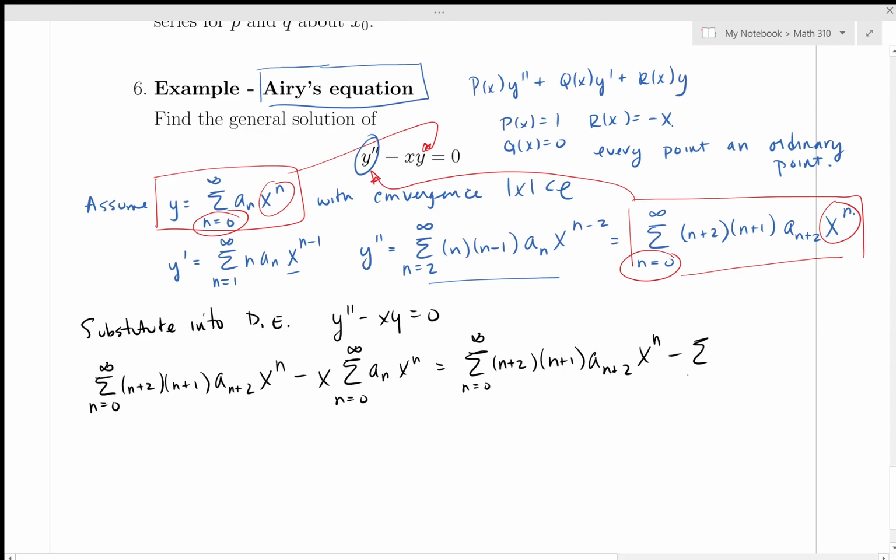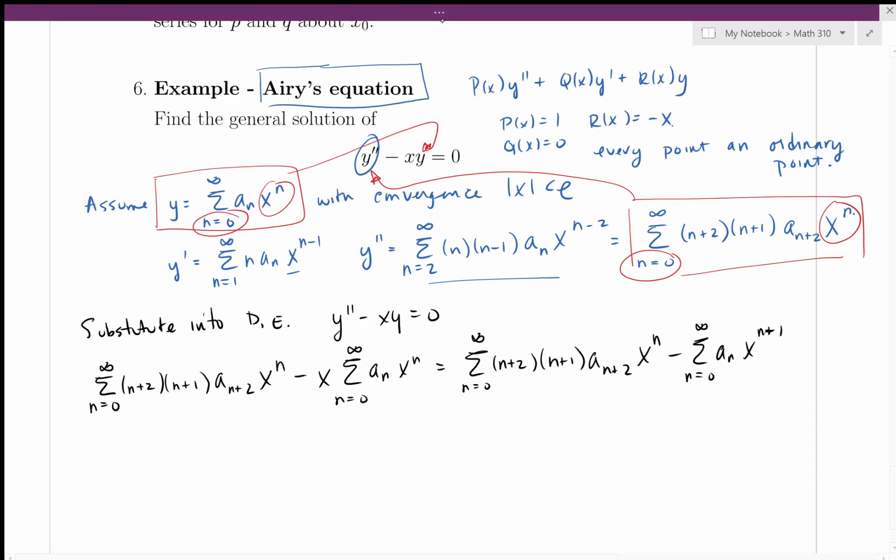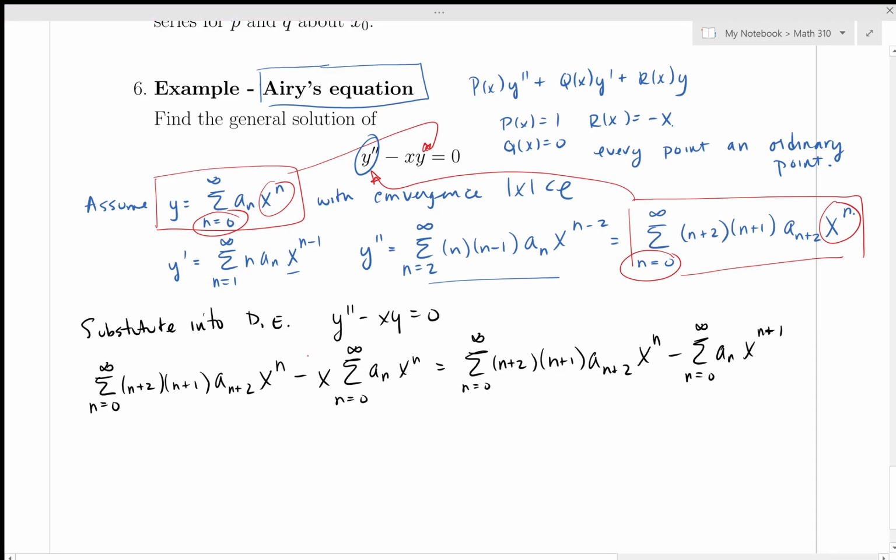What did I do here? I moved this x right here inside here, and that's why that became n plus 1.